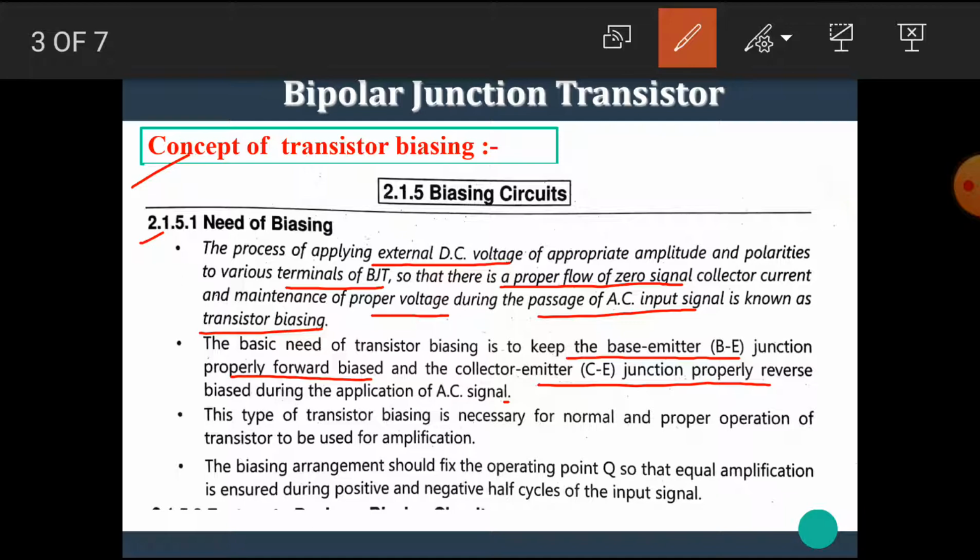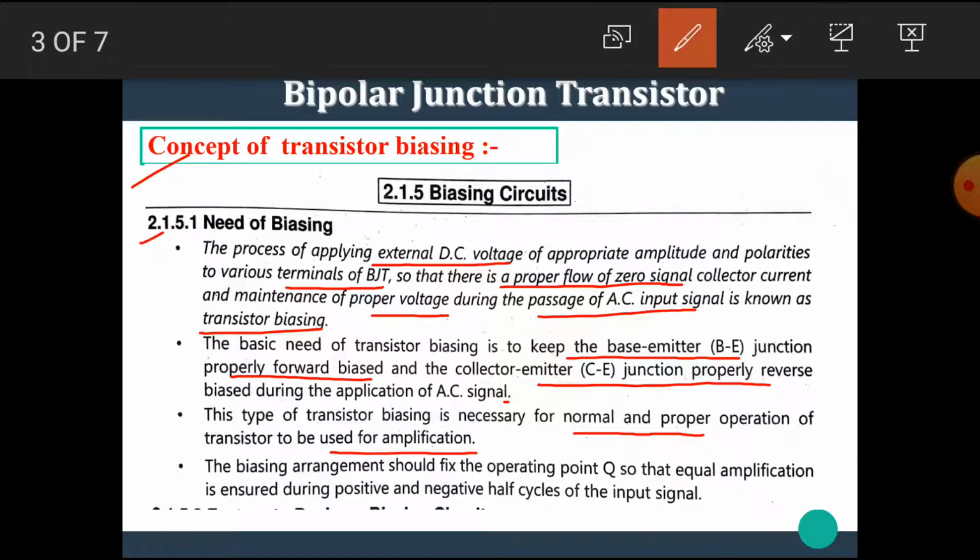If we want to operate the transistor as an amplifier, then we have to make the emitter base junction forward biased and the collector base junction reverse biased. This type of biasing is necessary for normal and proper operation of the transistor to be used for amplification.